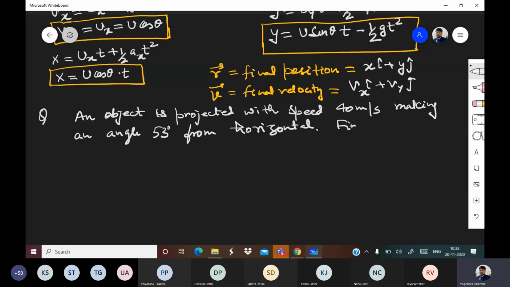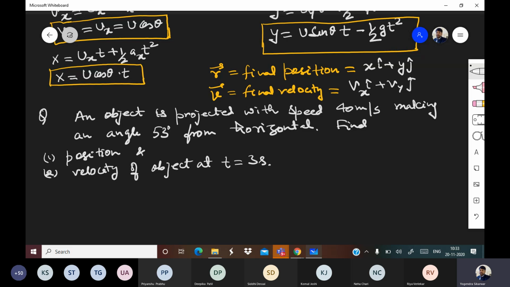Find position and velocity of object at t is equal to 3 seconds. Find position and velocity of object at t is equal to 3 seconds. Please find.